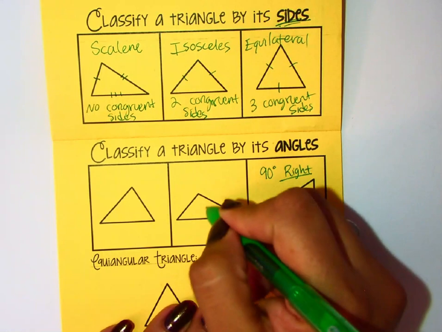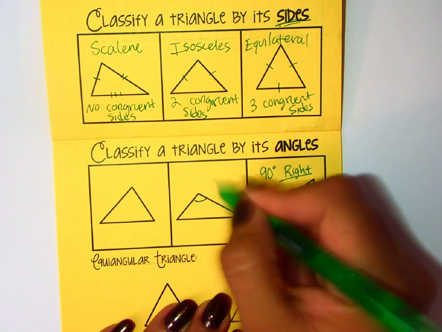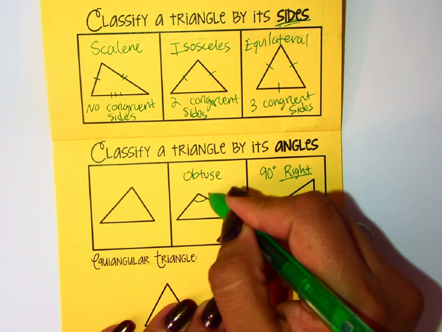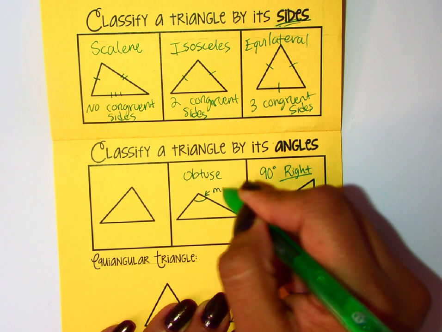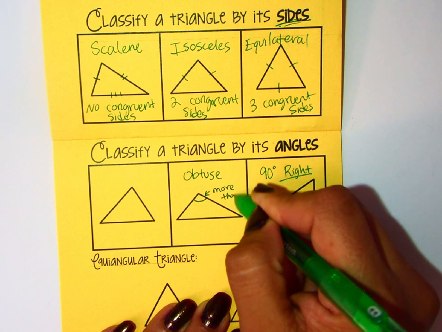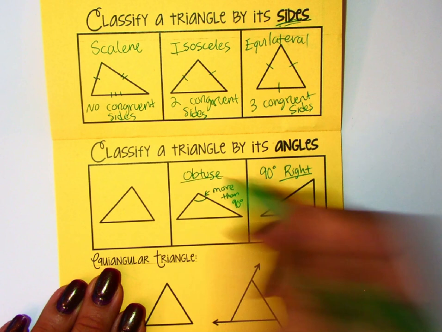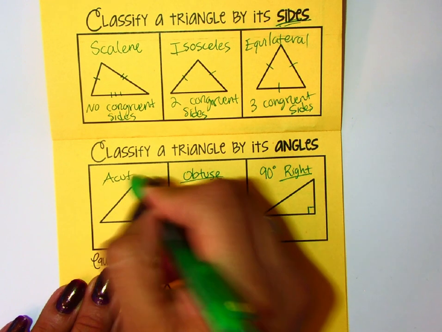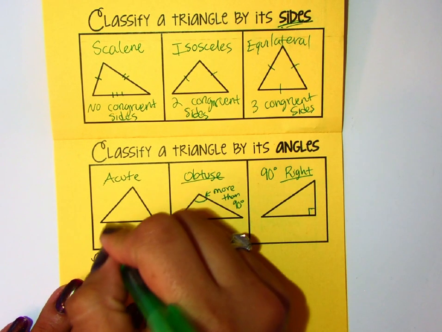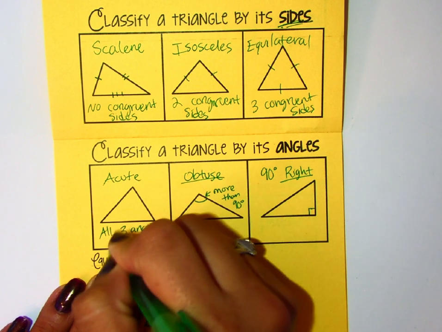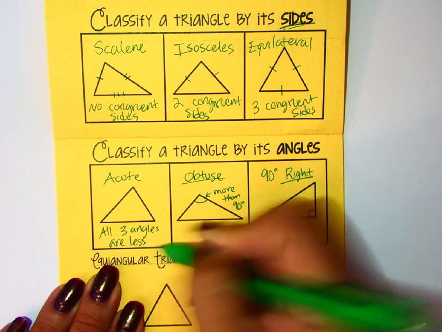And then this one is obtuse because it has an angle that is more than 90 degrees. And then the other one is acute. All three angles are less than 90.